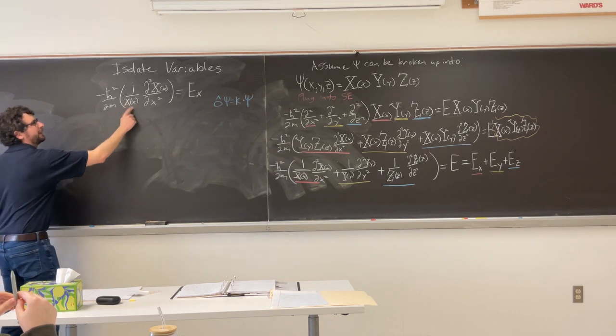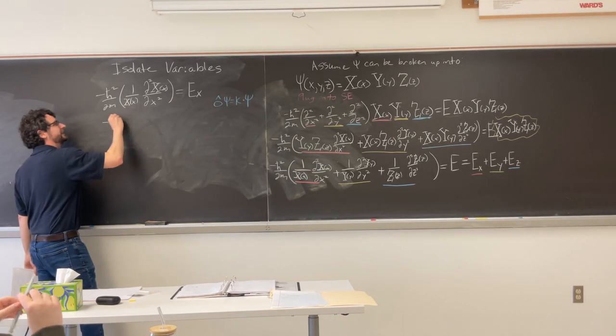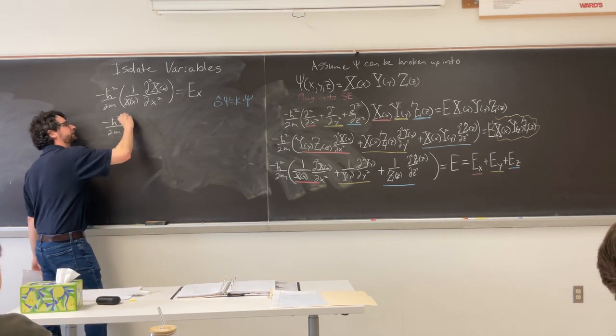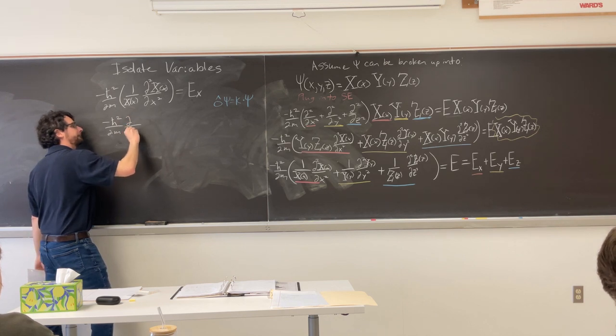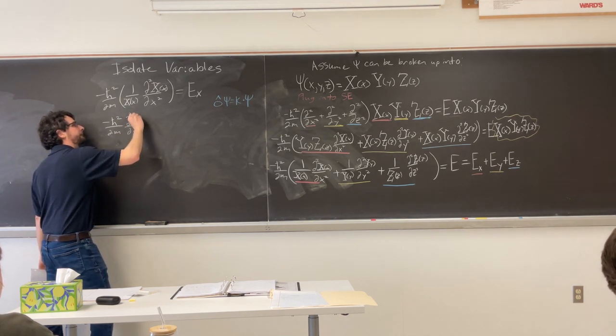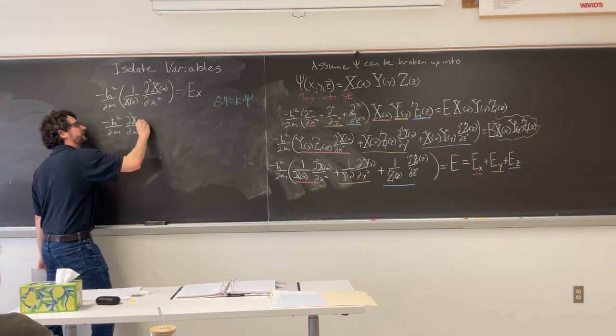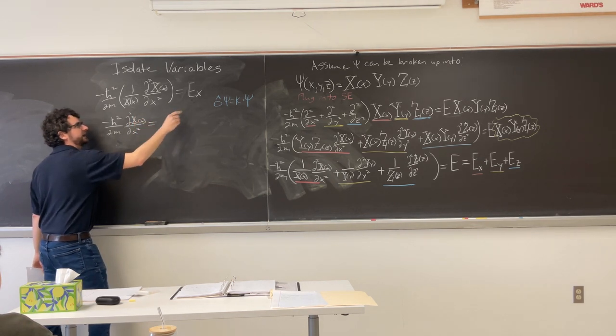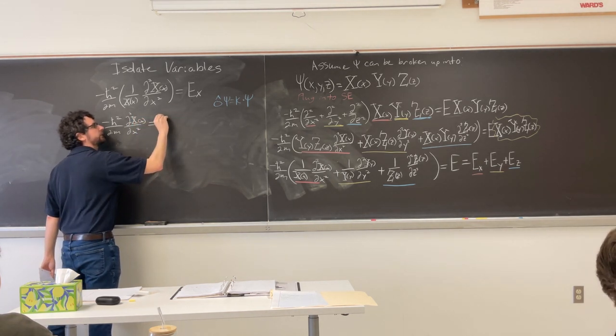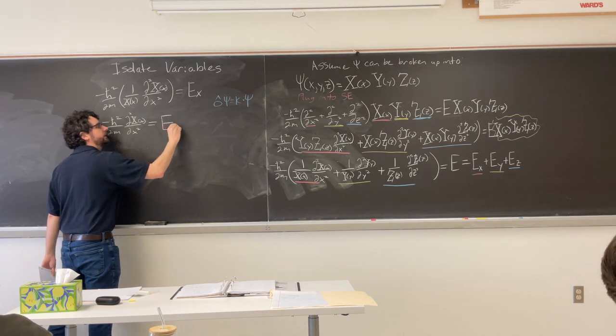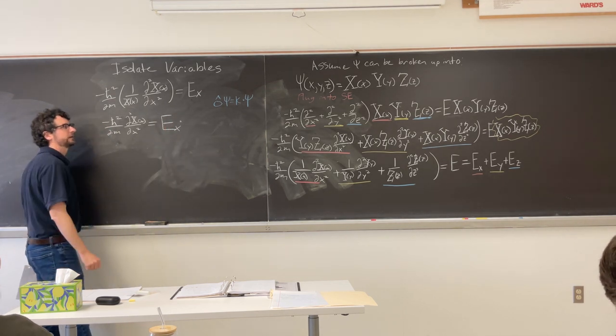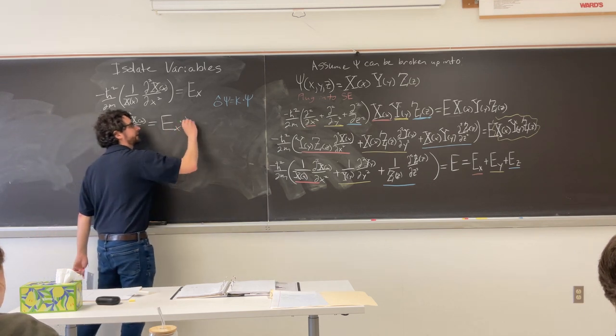Yeah, multiply this thing through by fancy x, and then what's this side equal to? E sub x times what? Yep, fancy x.